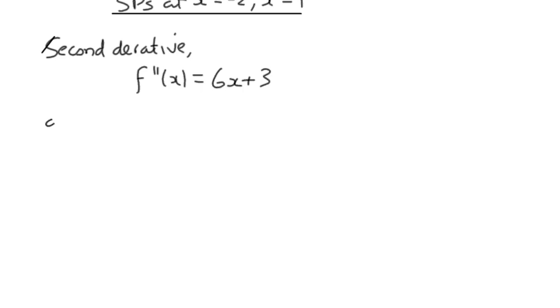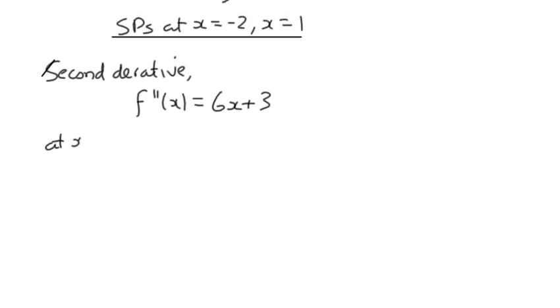So the first stationary point occurs when x equals negative 2. So we're looking for f double prime of negative 2. Substitute negative 2 in here, and we get negative 12 plus 3, which is negative 9.